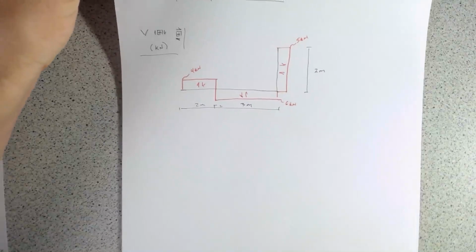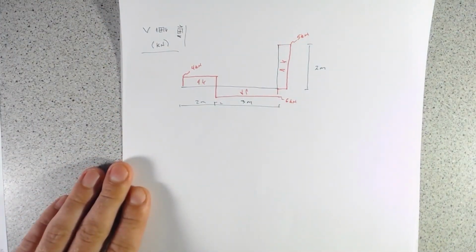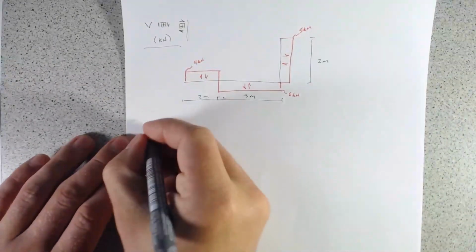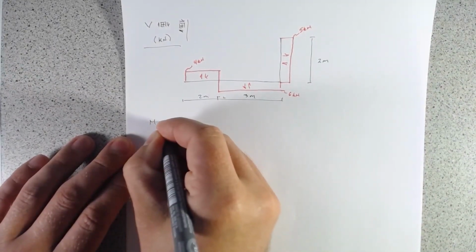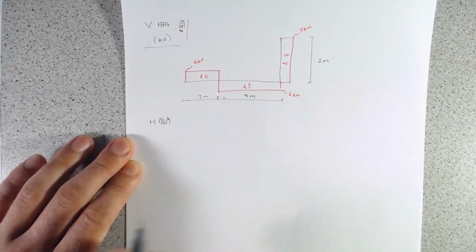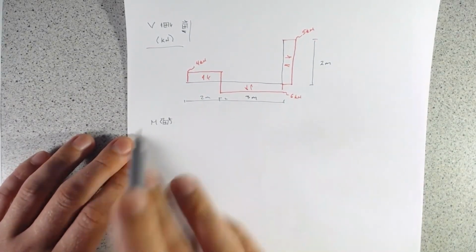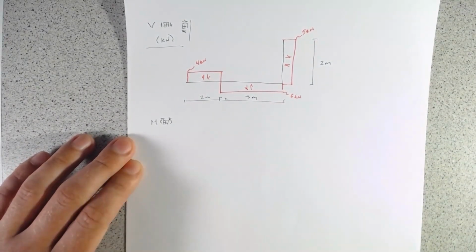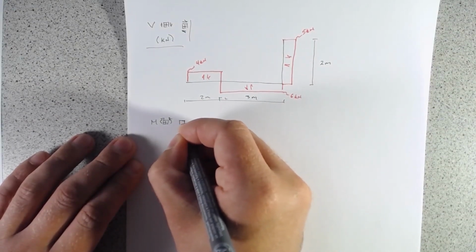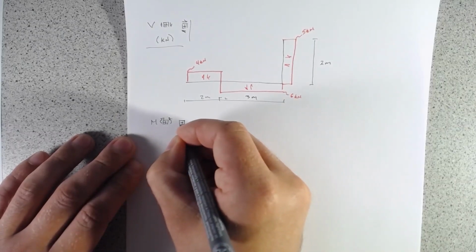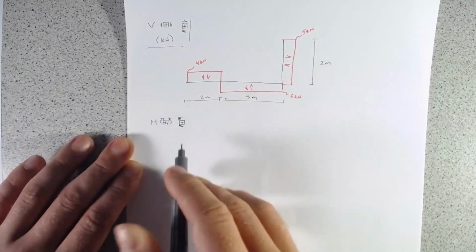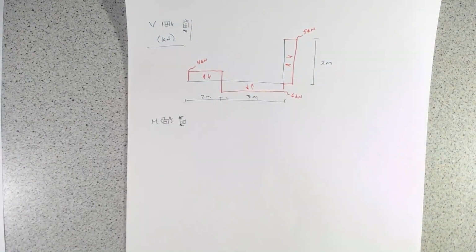Now we'll draw our moment diagram. And put our sign convention. So if we are a horizontal element, positive bending is going to be when the top is in compression, and then I'll draw another element. We'll just rotate that 90 degrees, and we'll say it's positive if the left-hand side is in compression.